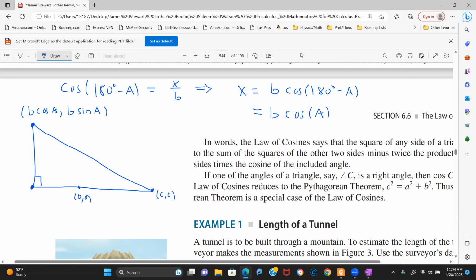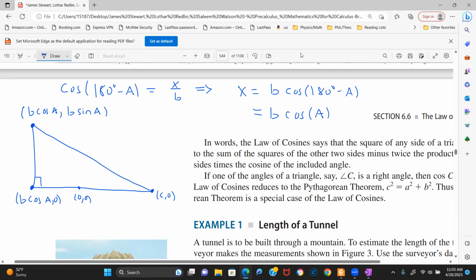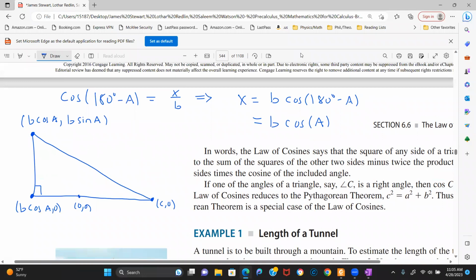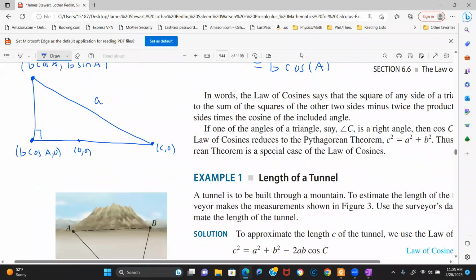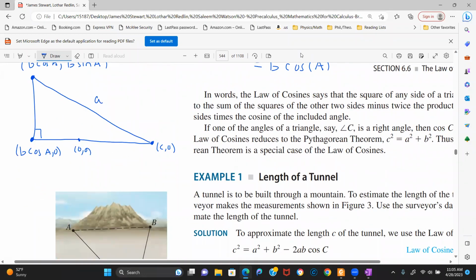So that implies that this point right here is going to be B cosine A, comma 0, because it's on the x-axis. And then this length right here is going to be A, the hypotenuse. So basically what we have is A squared.